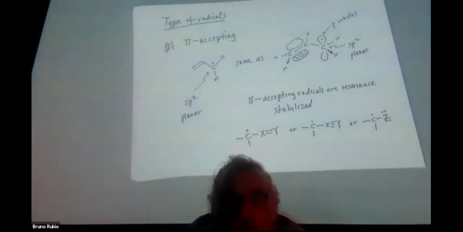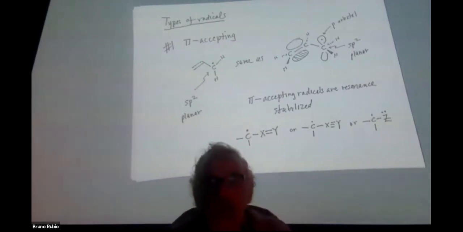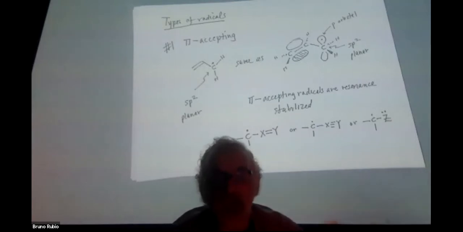This is how you recognize pi accepting radicals: the radical atom is sitting next to, but not part of, a multiple bond or sitting next to an atom that has an unshared pair of electrons. These are the situations where resonance becomes possible, and that's what makes them pi accepting.